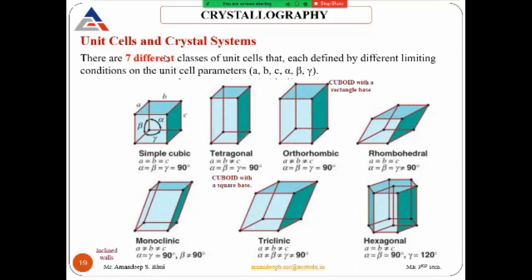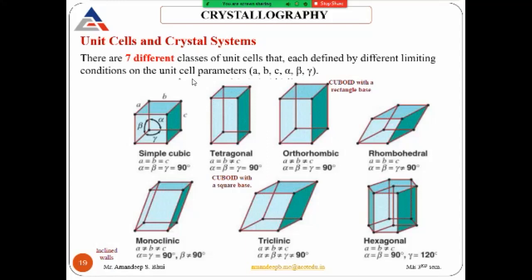Next is your orthorhombic, also known as cuboid shape. In this, all 3 sides are non-equal, that is, a is not equal to b, is not equal to c, but angles alpha equals beta equals gamma equals 90 degrees. So this is your orthorhombic.